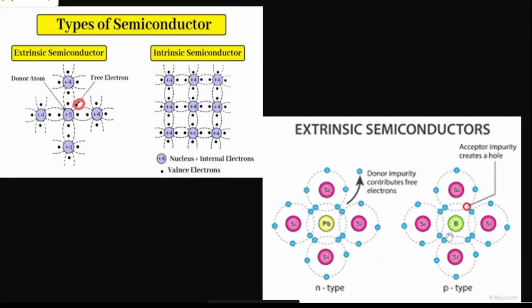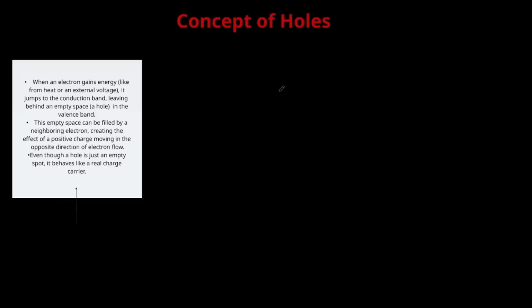In P-type, one electron is lacking in the atom which is bonded with the silicon, so it forms a hole here, and this hole is responsible for conduction in P-type, and this extra electron is responsible for conduction in N-type. By now we know that electrons are responsible for conduction in N-type materials and holes in P-type materials.